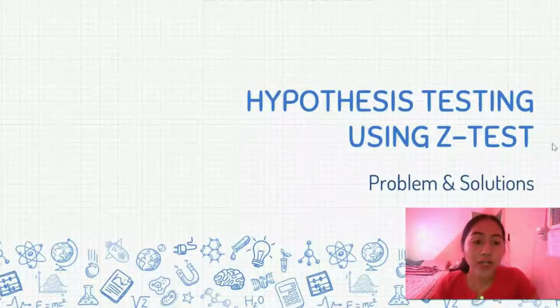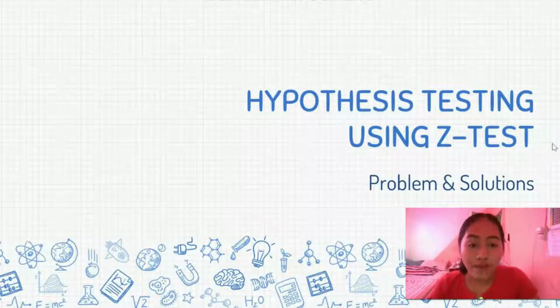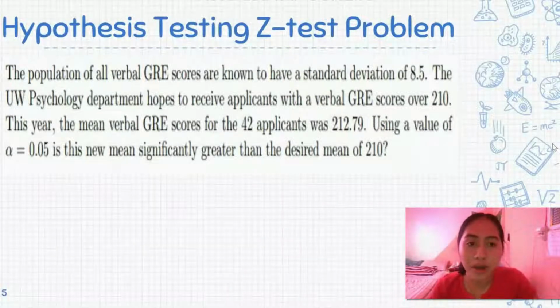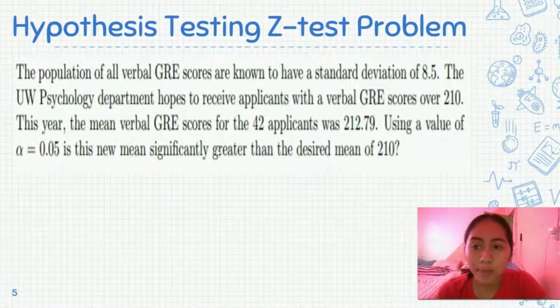So first, we are going to have a problem and solve it in hypothesis testing using the z-test. So this is my problem. The population of all verbal GRE scores are known to have a standard deviation of 8.5. The UW Psychology Department hopes to receive applicants with verbal GRE scores over 210.